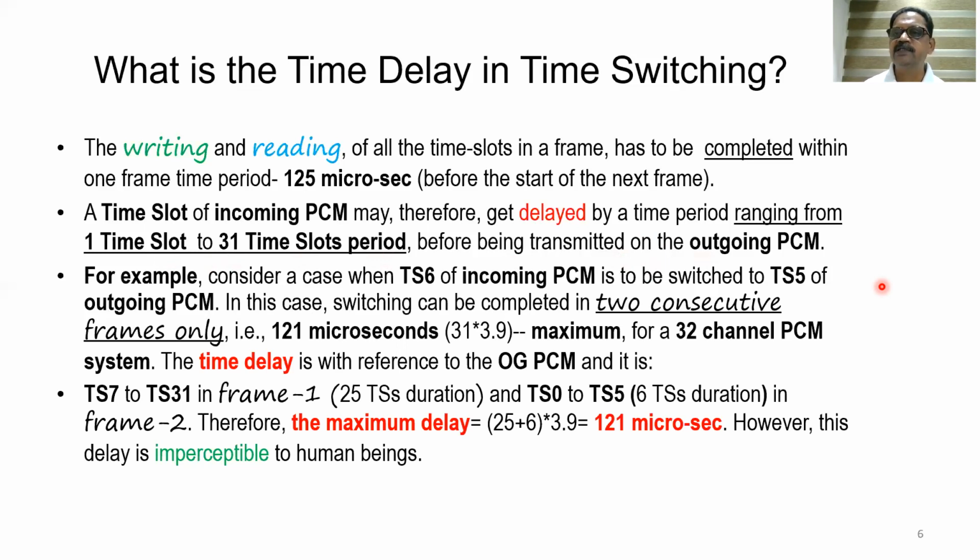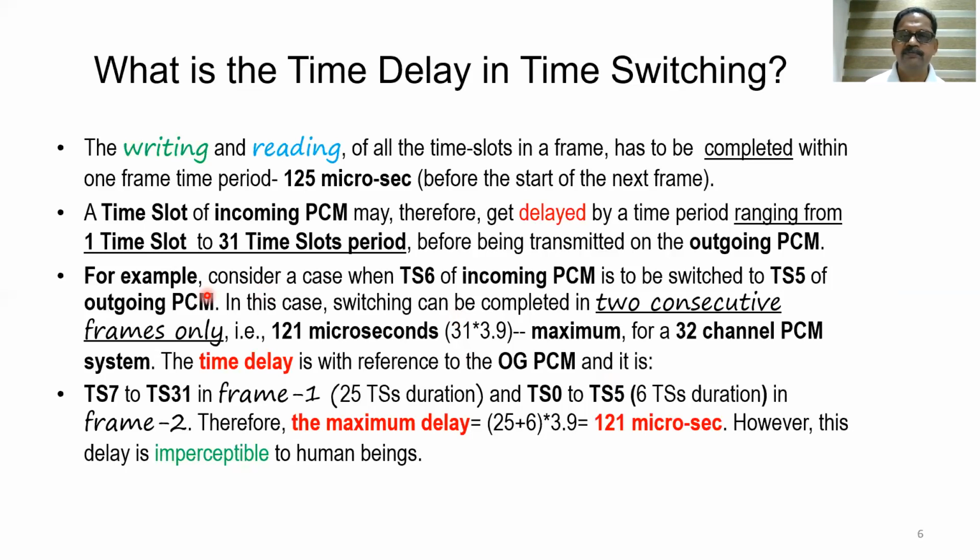1 time slot duration means 3.9 microseconds. 31 time slot delay, that is the extreme worst condition. It can be up to 31 time slots period, that is 31 into 3.9 microseconds, which is approximately equal to 121 microseconds. How it is estimated, we will see with a practical example.